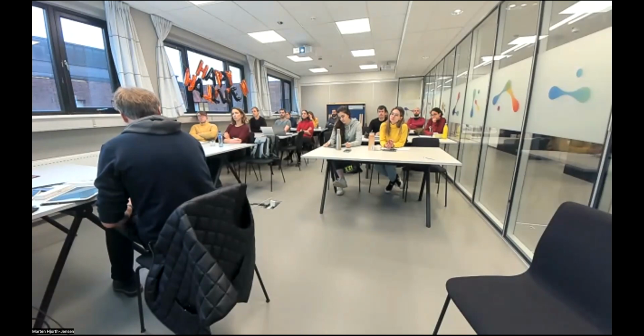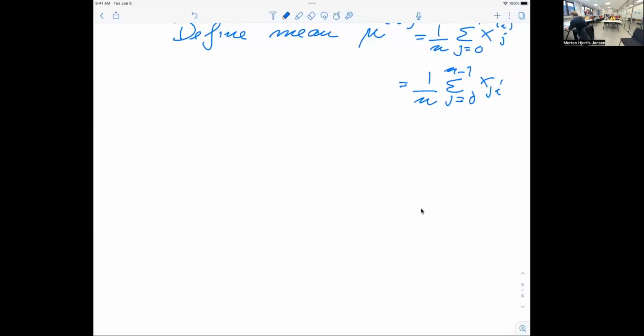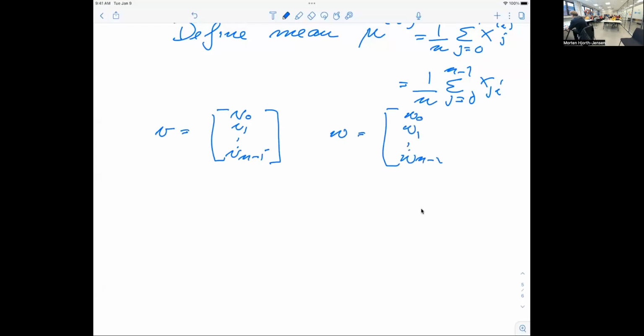In the literature, sometimes you will see, suppose I have two vectors, V, which contains the elements V0, V1, down to Vn minus 1. And then I have a vector W, which has W0, W1, down to Wn minus 1.